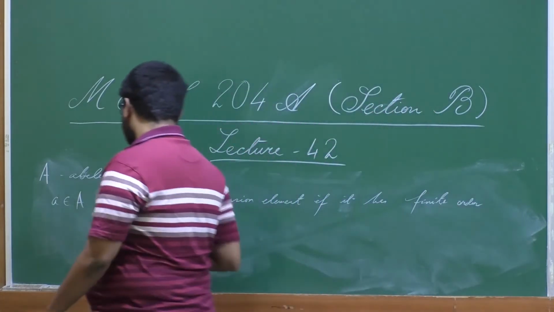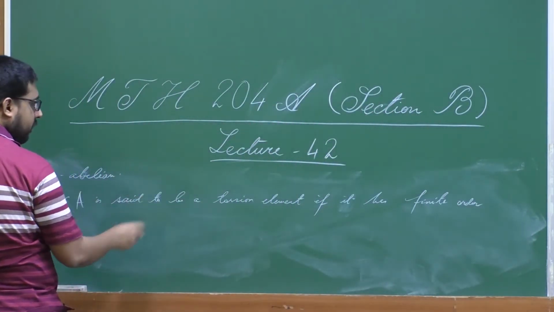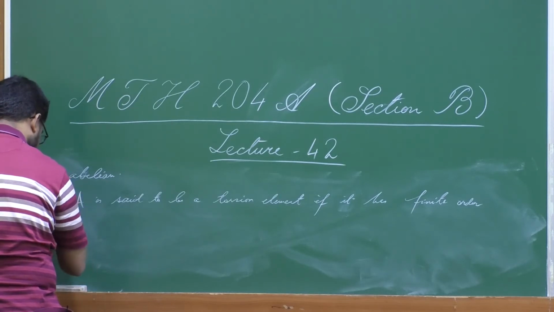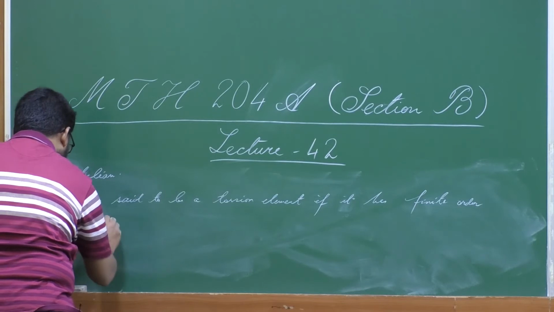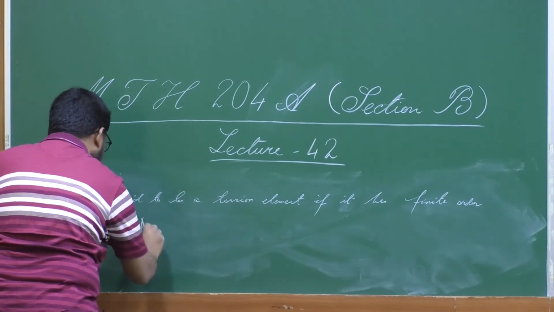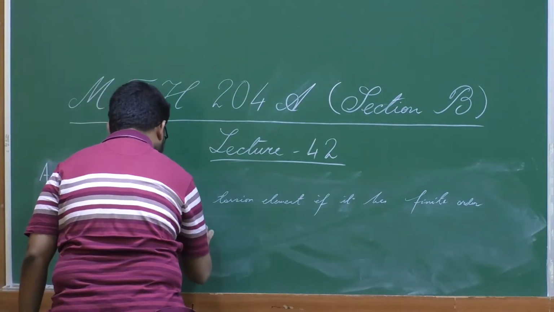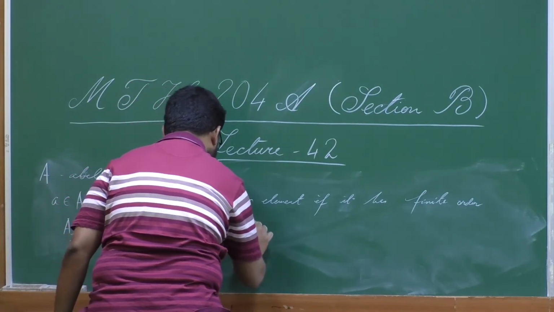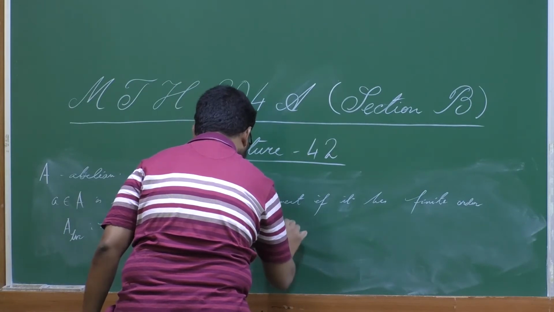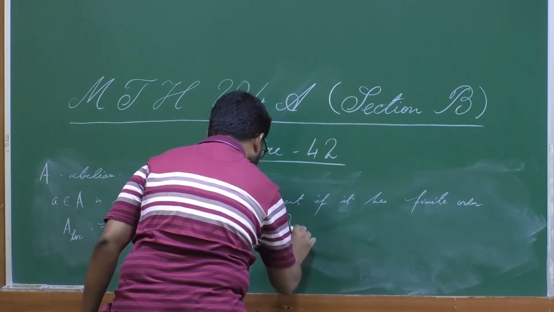Okay, so finite order. Now, A tor consists of all elements in A that are torsion elements.